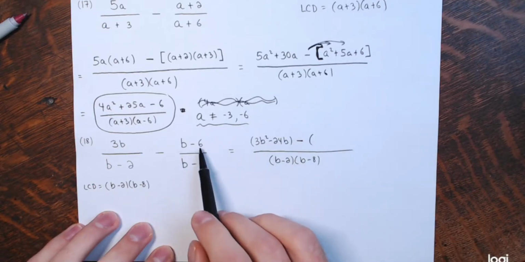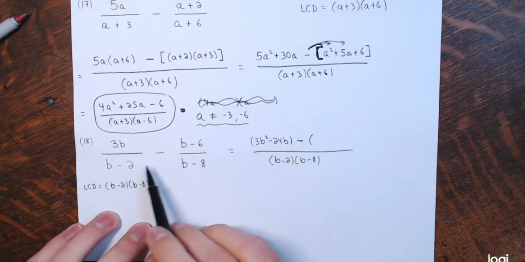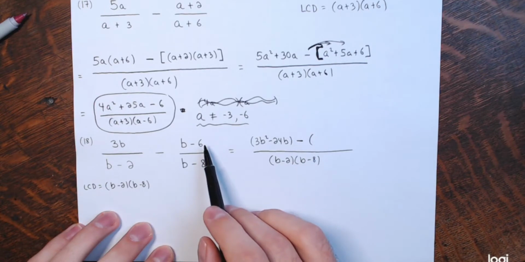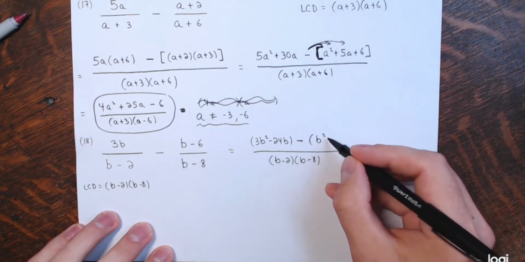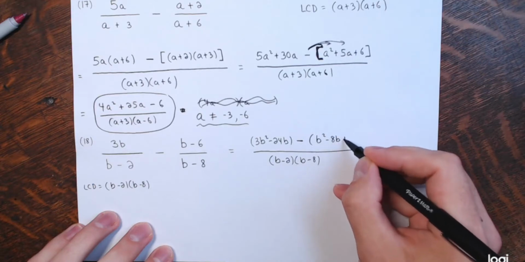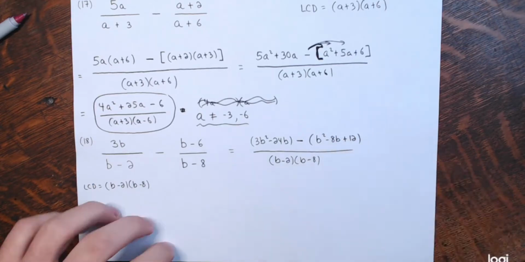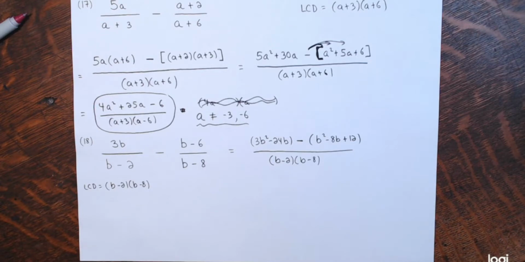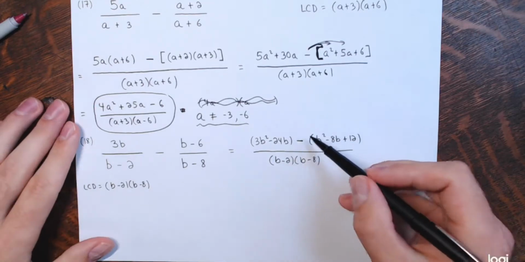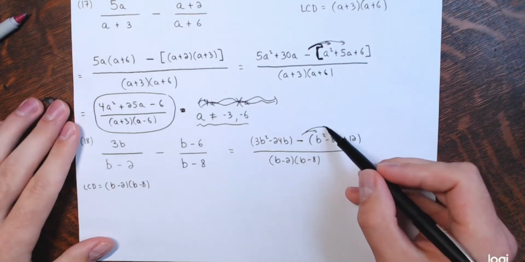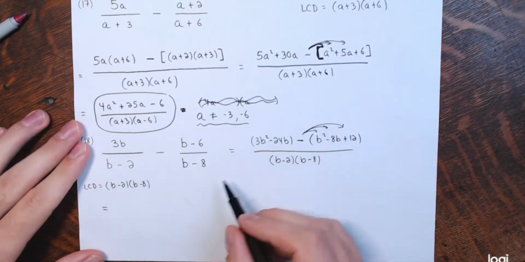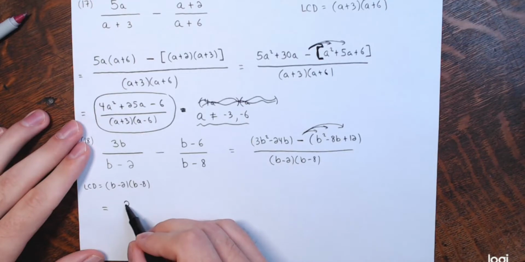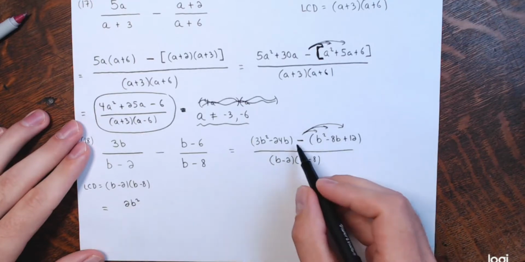Now the second numerator, you would do b minus 6 times b minus 2, and after foiling would be b squared minus 8b plus 12. And we're subtracting all of that, so distributing the negative here. So what I'm left with in the numerator is 2b squared, 3b squared minus 1b squared.